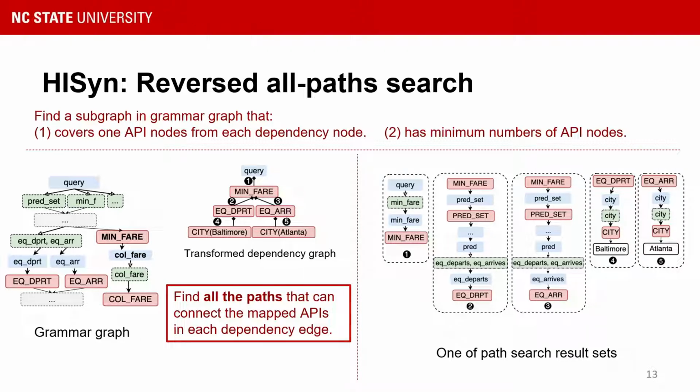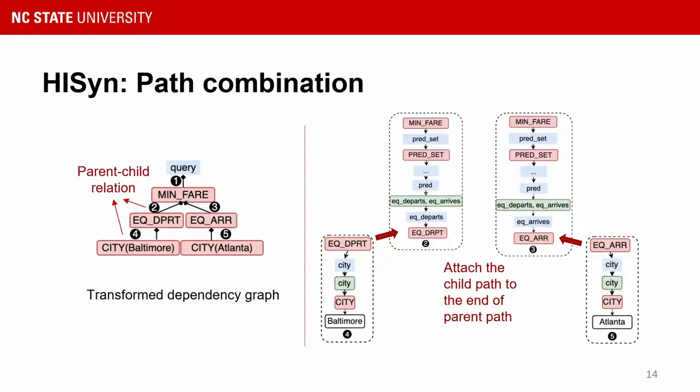The idea behind this is that this is the path that will reduce redundancy. Using the shown dependency graph on the left, we end up with the following 5 paths, one for each of the edges shown on the right. With these paths for each edge, next we combine them into a final graph by attaching the child path to the end of the parent path.